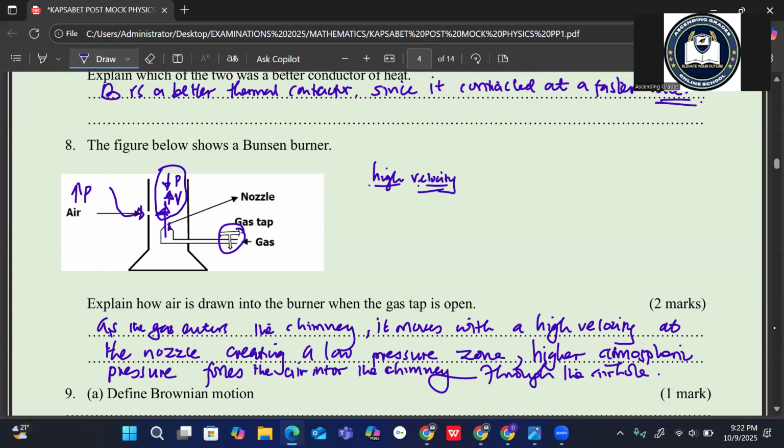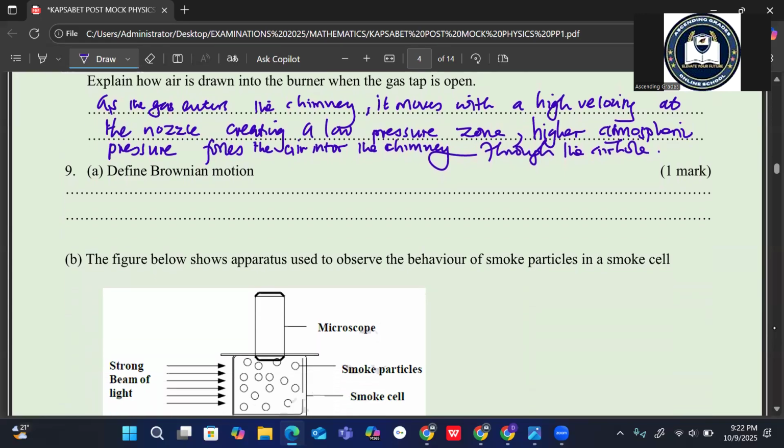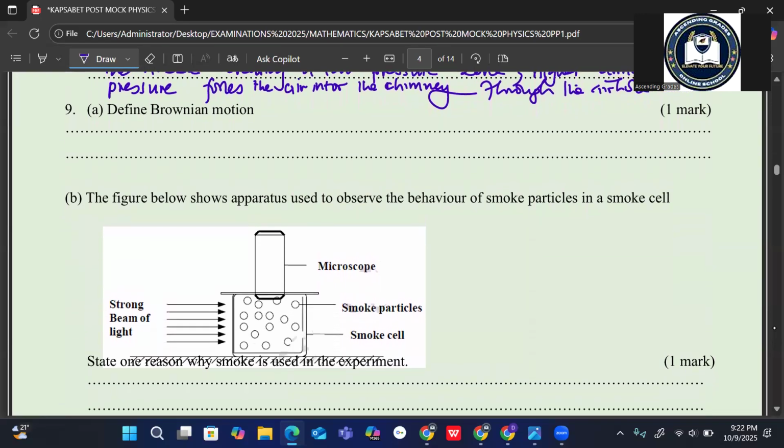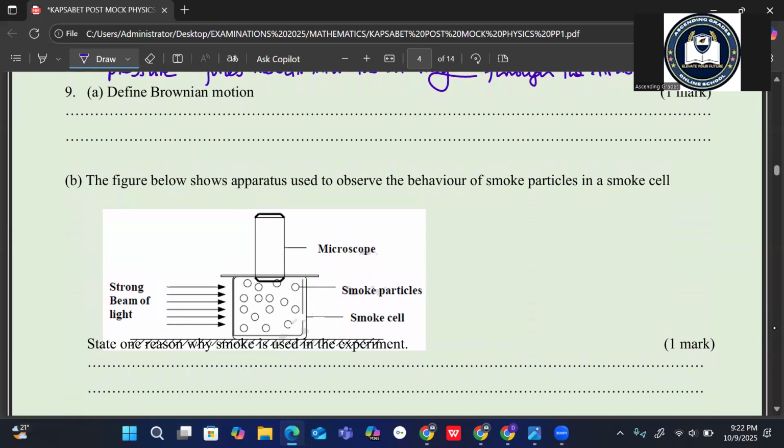We are told to define Brownian motion. It is the continuous random motion of particles or molecules.